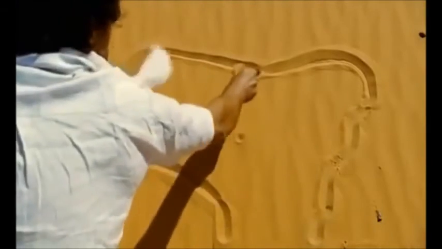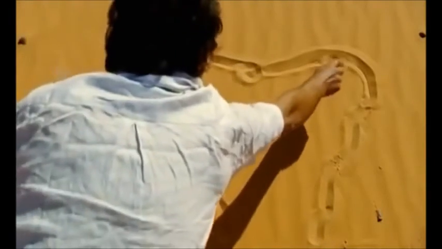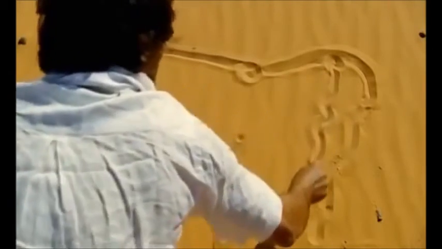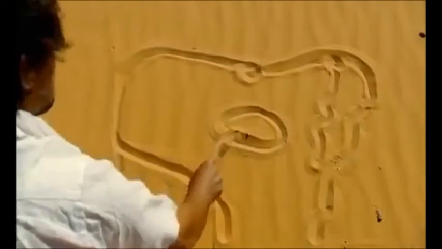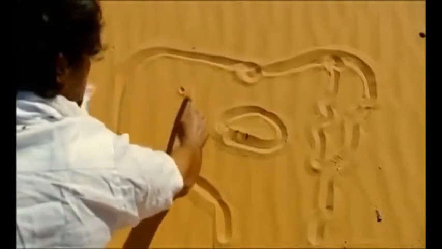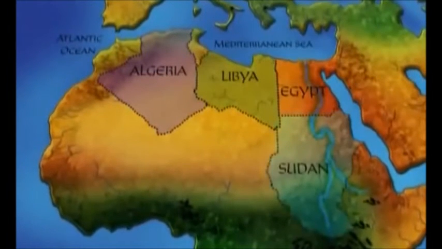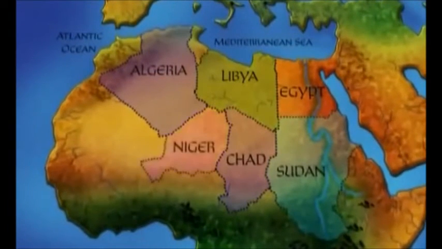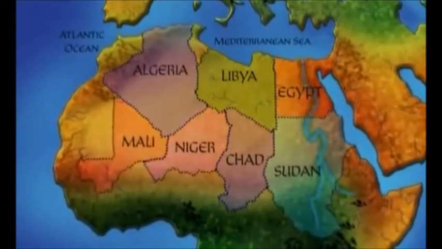So we have just here Tripoli, we have here Cairo and the Nile, and just in the center we have the Caucasus Mountains. And we have Algeria, Libya, Egypt, and Sudan, and Chad, and Niger, and Mali.